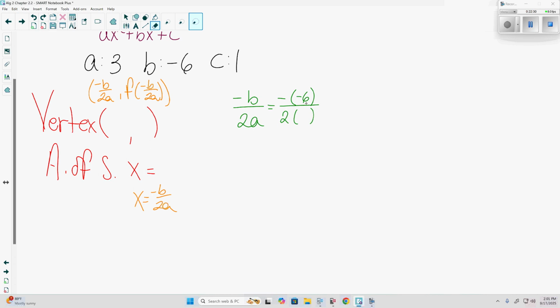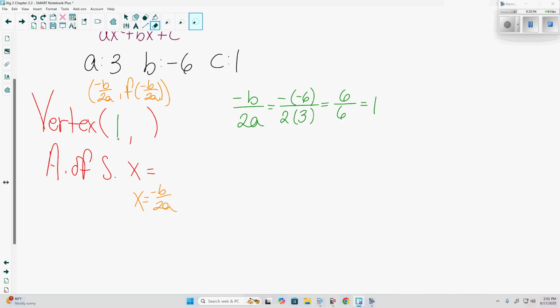What's the value of a? So really what I want to find the value of is negative negative 6 over 2 times 3. So negative negative 6 is positive 6. 2 times 3 is 6, divided by 6 is 1. So negative b over 2a is 1.